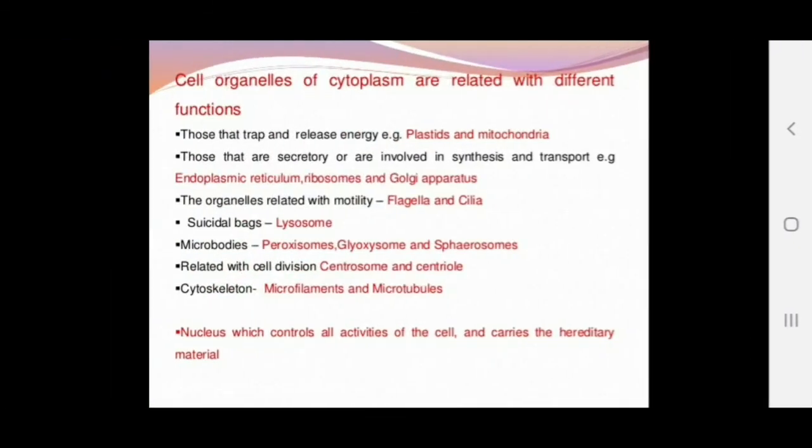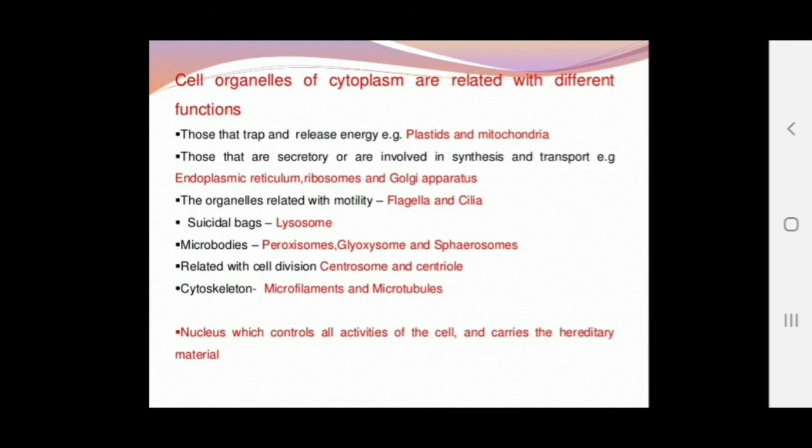The cell organelles of the cytoplasm are related to different functions. They perform a particular function. Those that trap and release energy, for example, plastids and mitochondria. Those that are secretory or involved in the synthesis and transport of materials, like endoplasmic reticulum, ribosomes, Golgi apparatus.